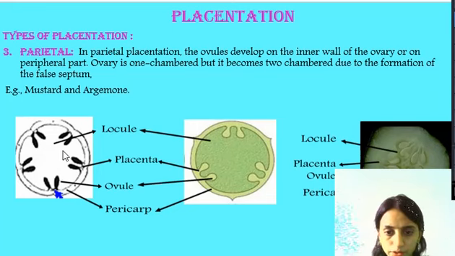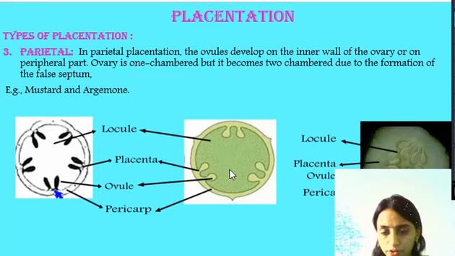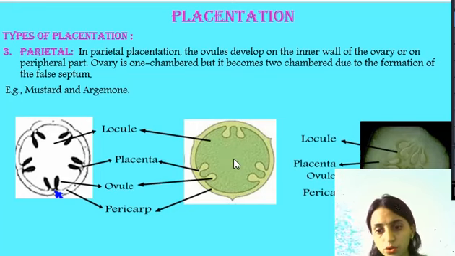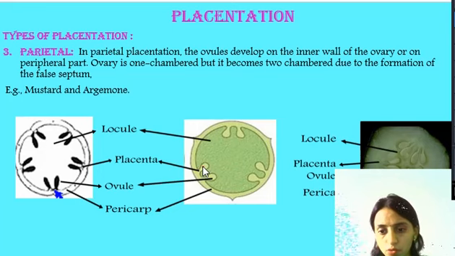Here the ovary is one chambered, there is no formation of false septum here, and these are ovules and they are attached to the peripheral part. This image I have taken from your textbook, and this is one chambered or one locule. These ovules are attached to the peripheral wall through placenta.